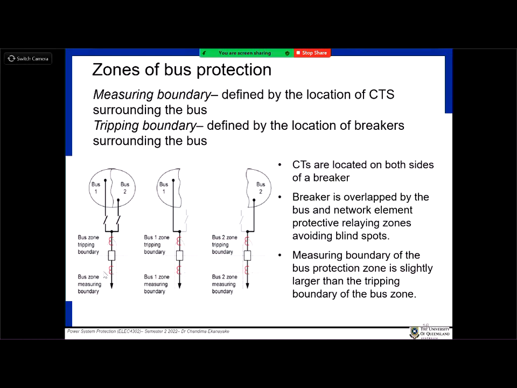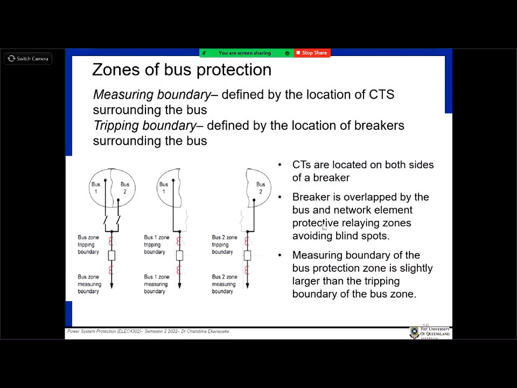This CT is doing the measuring for the bus protection. And in this particular case, it is divided into 2, bus 1 and bus 2. It's the same thing here. If you are looking at it independently, this is the bus 1 zone measurements, bus 2 zone measurements, and this is the bus 1 circuit breaker, bus 2 circuit breaker.